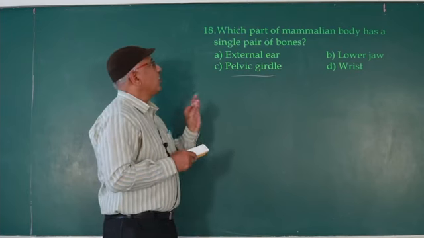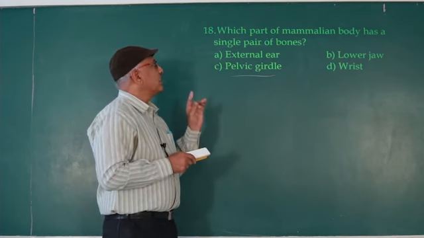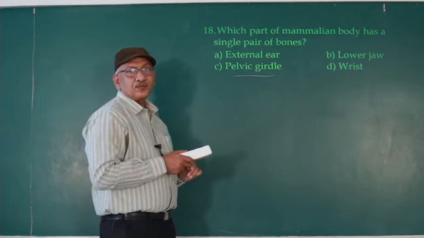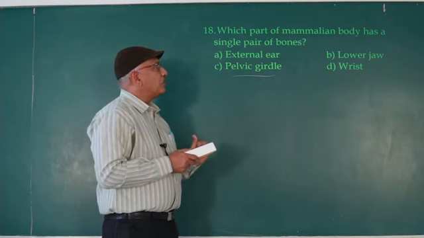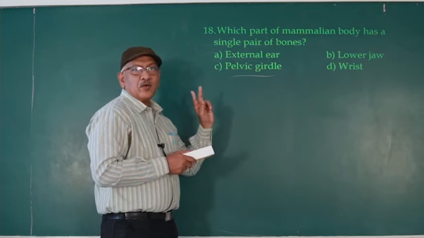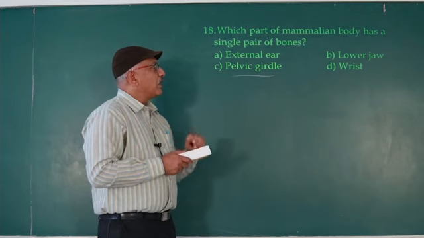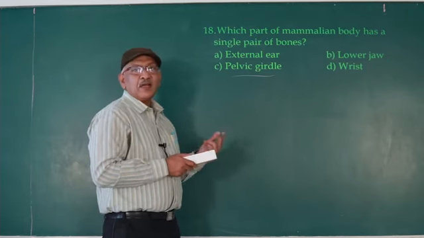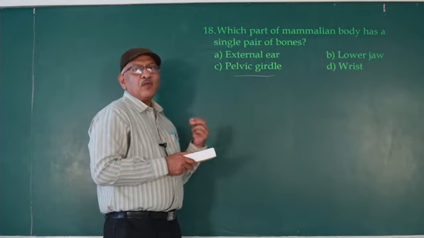If the question is which part of human body has a single pair of bones, at that time, pelvic girdle. In case of man, pelvic girdle contains only a pair of bones. But in other mammals, lower jaw contains a pair of bones and pelvic girdle also contains a pair of bones.